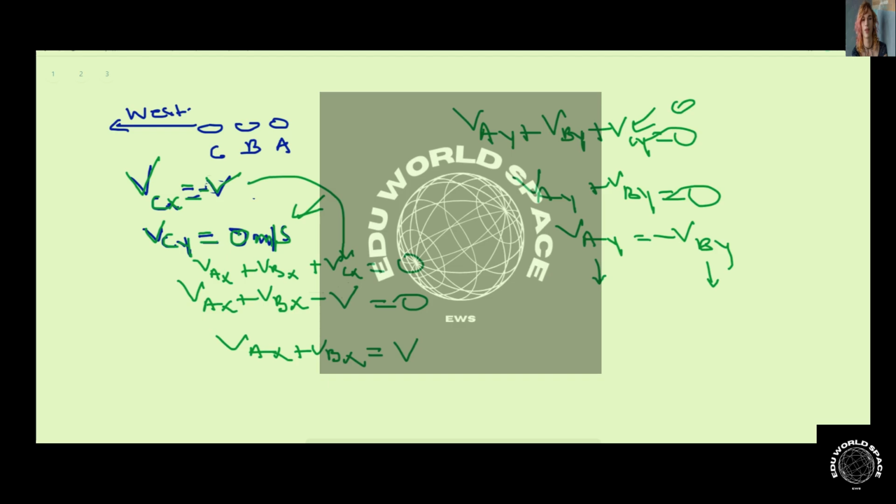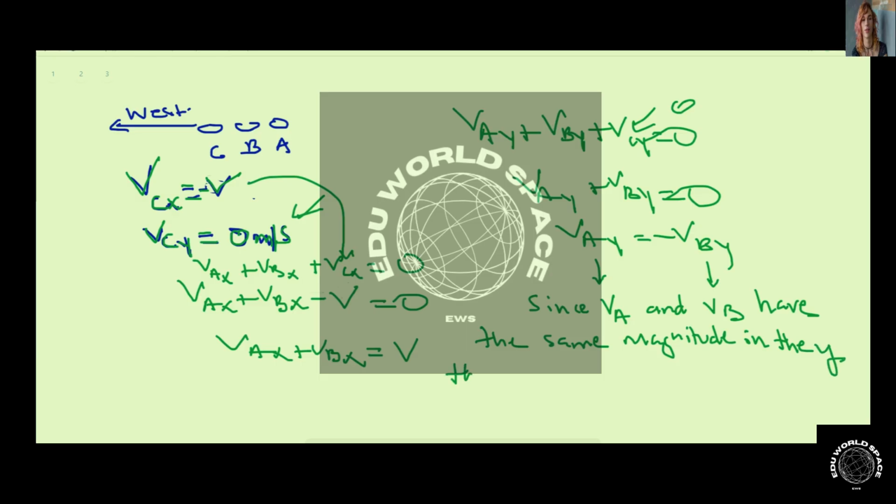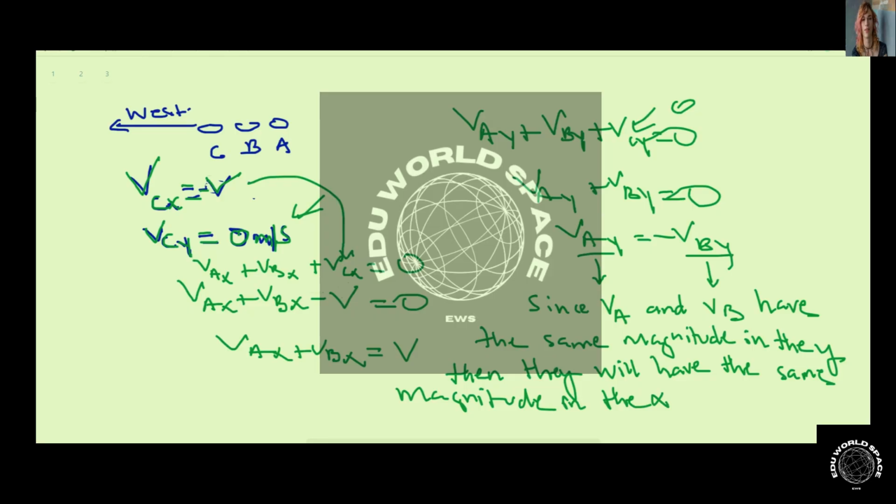Since VA and VB have the same magnitude in the Y, they will have the same magnitude in the X. By magnitude, we just mean that this portion of the equation is the same.